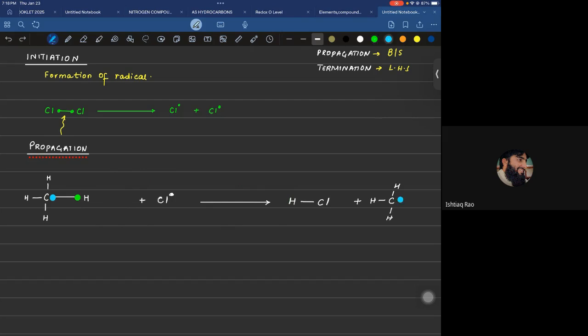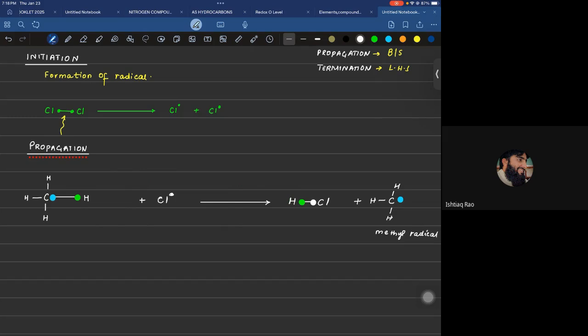This was an electron of hydrogen, and this is an electron of chlorine. You can see this, you can match the color, that's what's happening over here. Again, I can say the radical is formed. This is called a methyl radical.